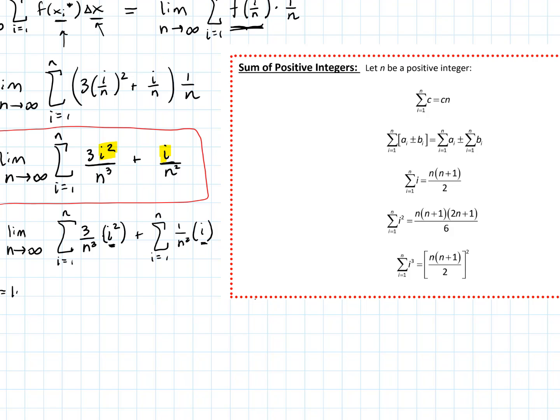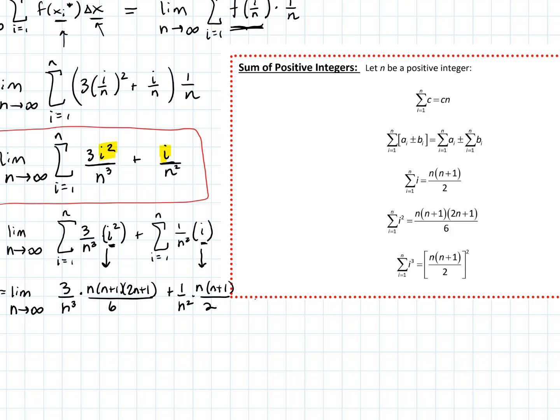So this is actually just equal to the limit as n goes to infinity of 3n cubed times, and i squared is n times n plus 1 times 2n plus 1 all over 6, plus 1 over n squared, and then the sum of i. When I add up i from 1 to n, I get n times n plus 1 over 2.